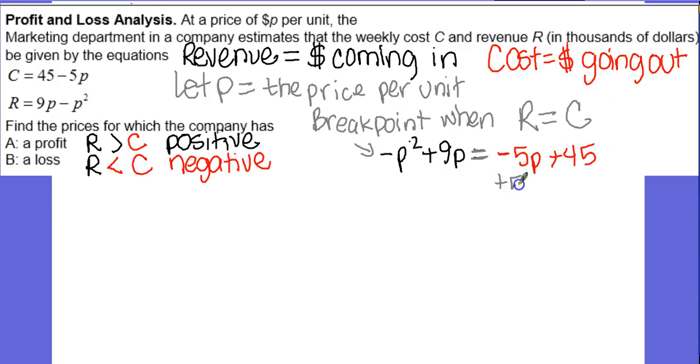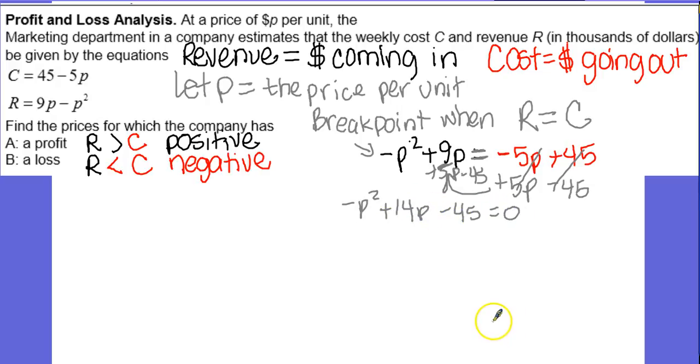So to do this, I'm going to take and put the 5p over here by adding it. So plus 5p. I'm also going to subtract 45 and cancel that out. So I get negative p squared plus 14p minus 45 equals 0.